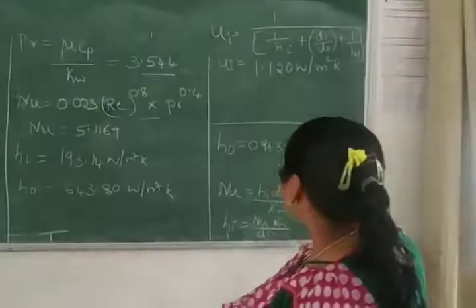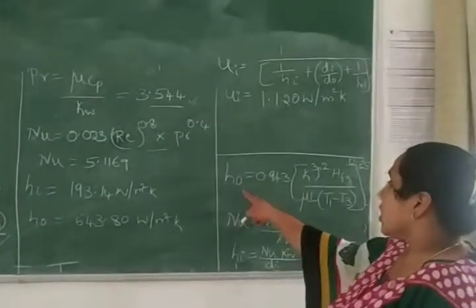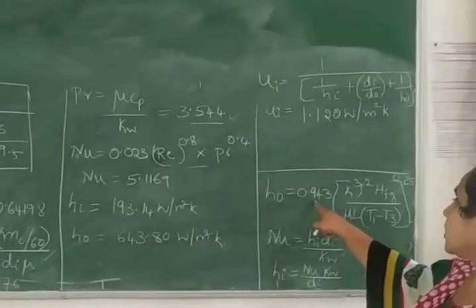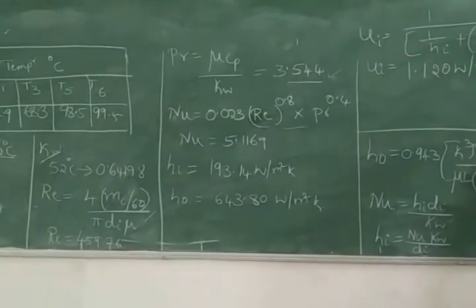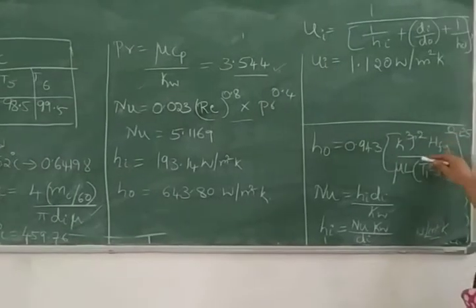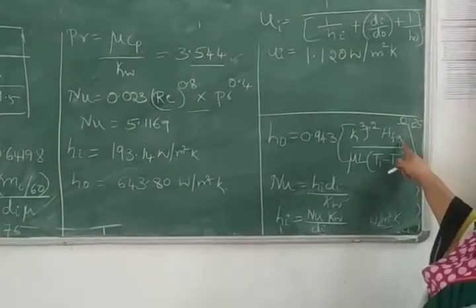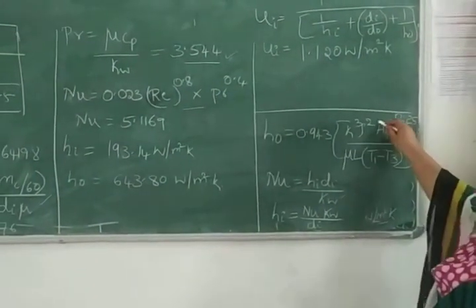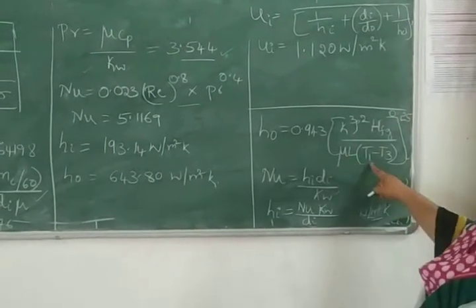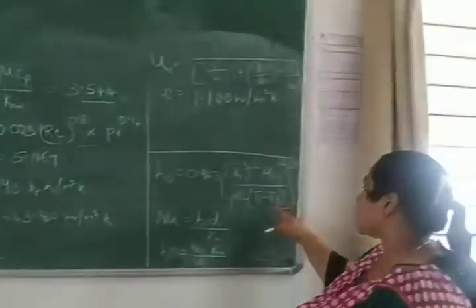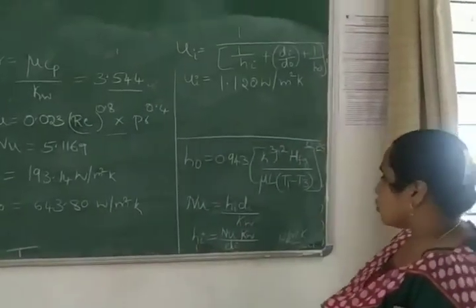Then H naught, we have this expression: H naught is equal to 0.943 into (K cube rho square HFG by mu L (T1 minus T3)) to the power 0.25, where HFG stands for the enthalpy of vaporization.